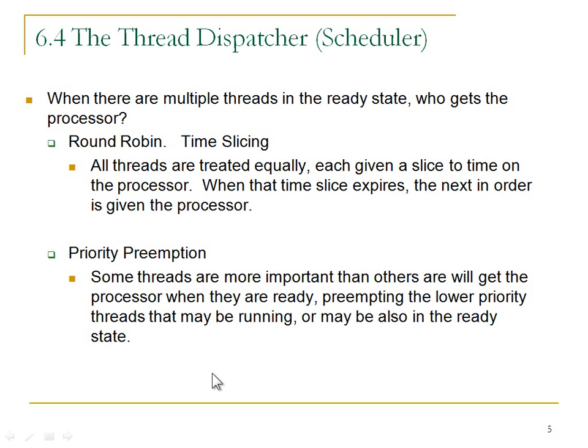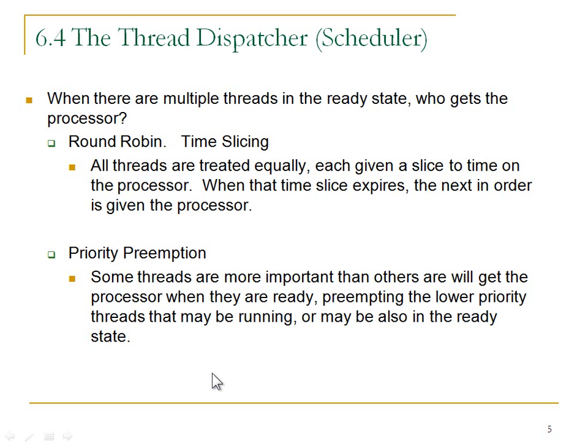And when a high priority thread is in the ready state, then it will get the processor, preempting other threads that may be ready or running. So when a high priority thread is ready to run, the scheduler will take the other thread out of running and move this high priority thread to the front of the ready state so that it will get the processor more quickly. These are quite different behaviors.